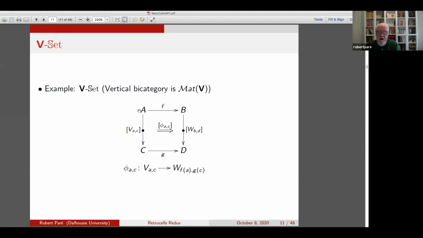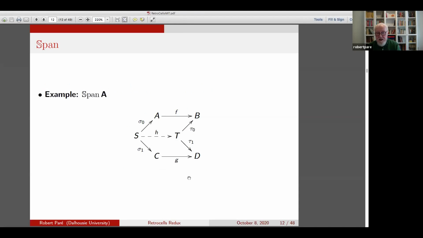Well, they're matrices taken from V. So it's an A cross C matrix, and a double cell is a matrix of morphisms in V, phi_AC, going from V_AC into W, but now you pull it back like this, into W of F(A) G(C). So this is this bicategory here, and then finally the last example is spans.